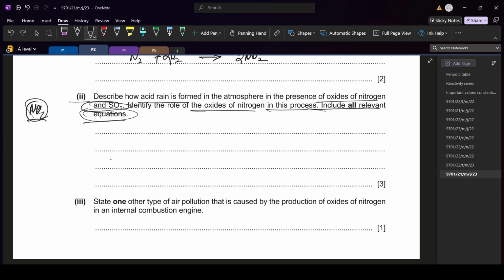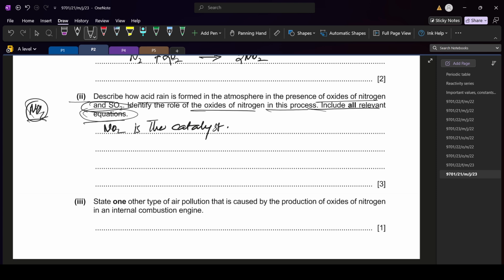So this nitrogen dioxide is the catalyst. Now you have identified the role of nitrogen dioxide. So now you have to include the relevant equations to show how acid rain is formed.